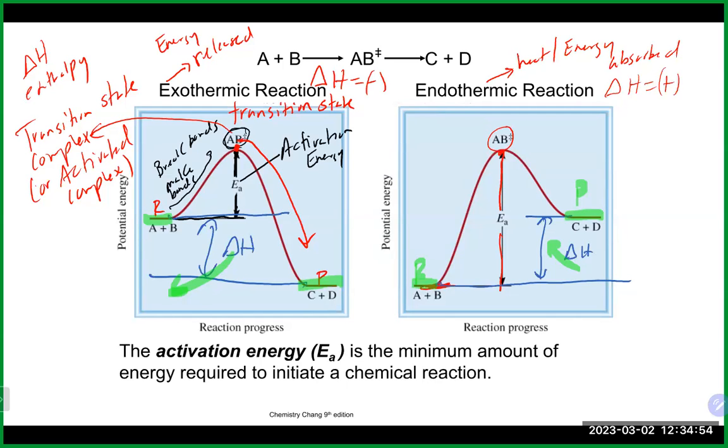That's how you calculate delta H: all the delta H's of the products minus all the delta H's of the reactants. That's because it is a state function, which means the only two things that are important are where you start and where you finish. In a reaction, where you start is the reactants and where you finish is the products. So that's why we always take products minus reactants, basically the difference of where we start and where we end.